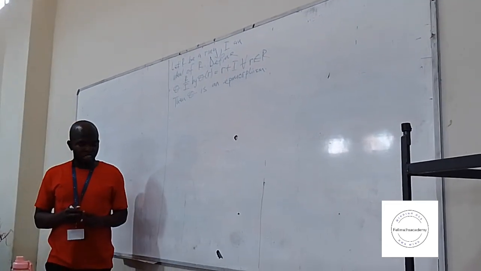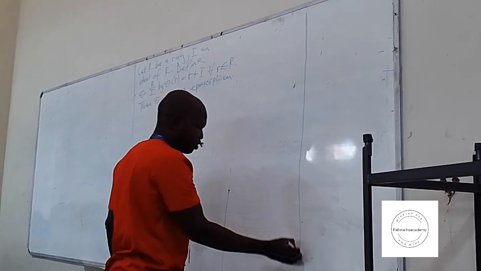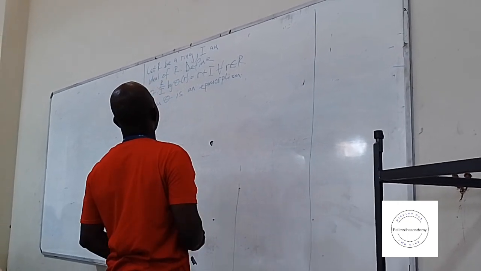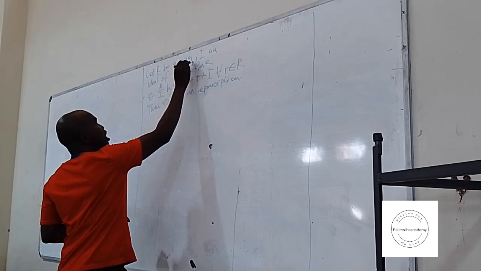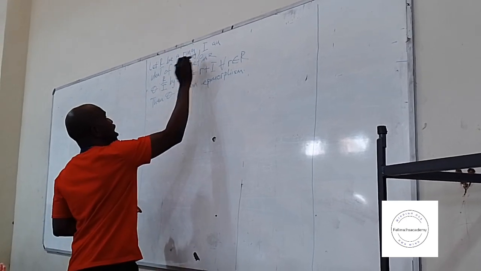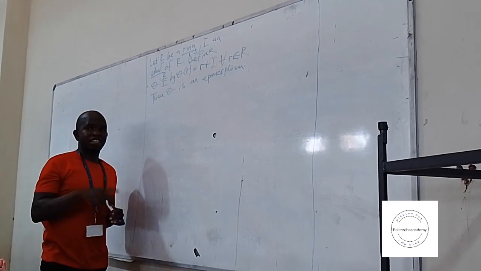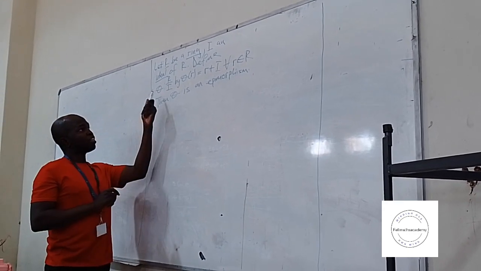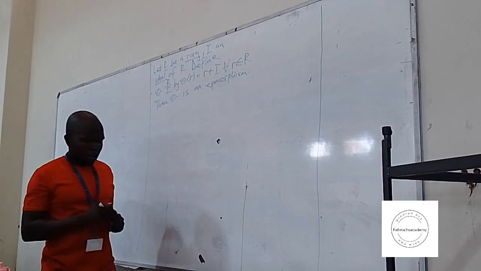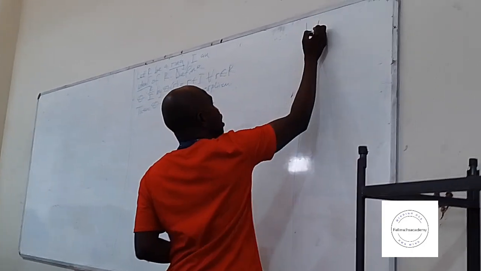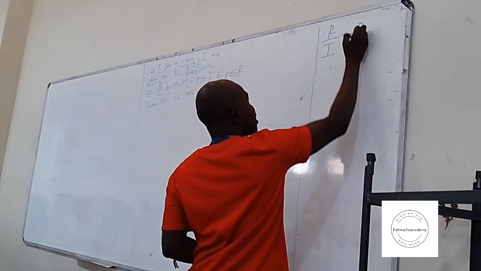Alright, let us note the following. We are given R as a ring and I as an ideal. There is a new thing: R over I is called a quotient ring.